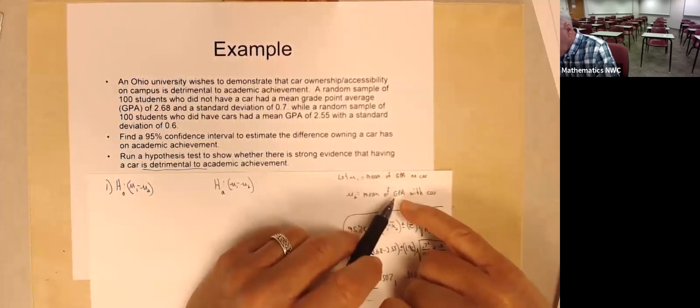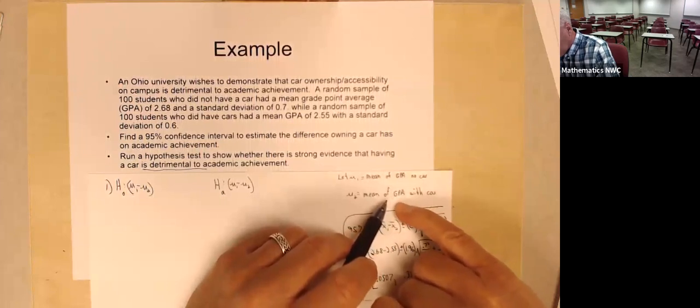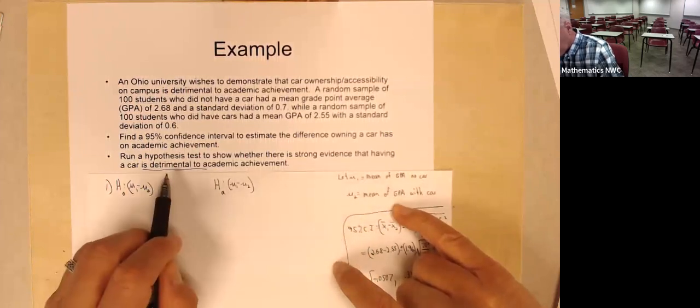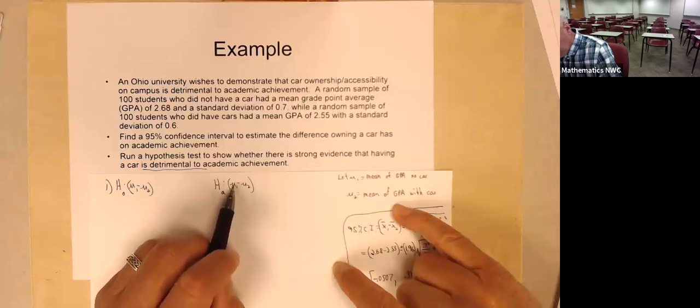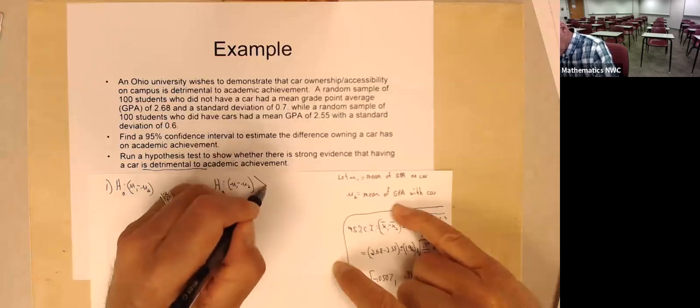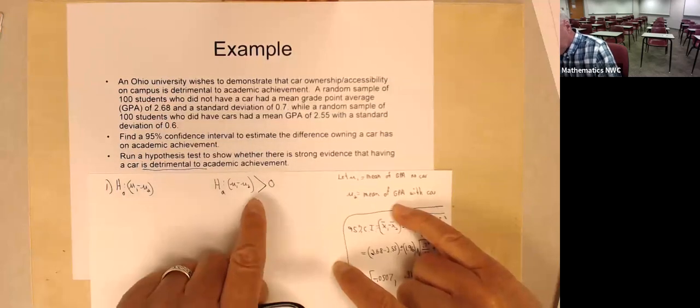The second one would be a smaller number. I'm trying to show that the second one is smaller. If the second one is smaller than the first, the difference would be greater than 0.